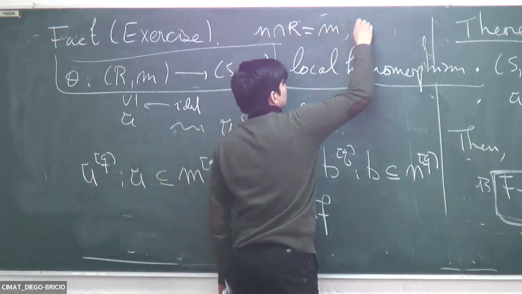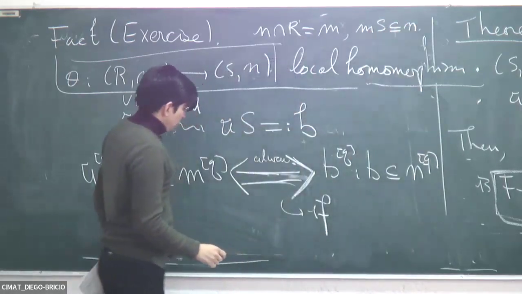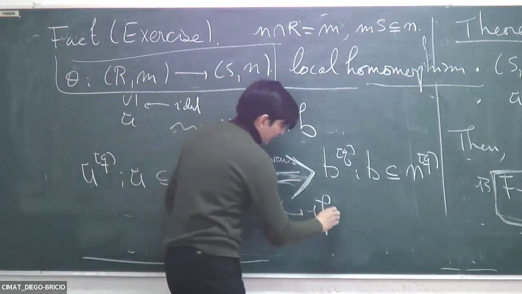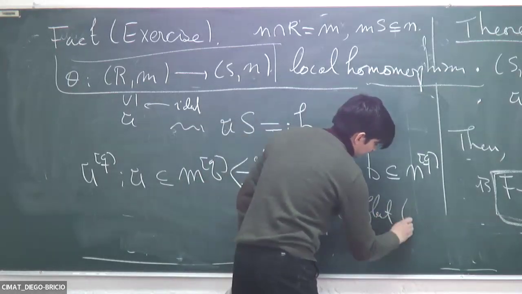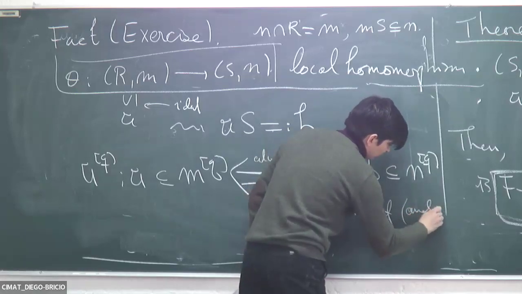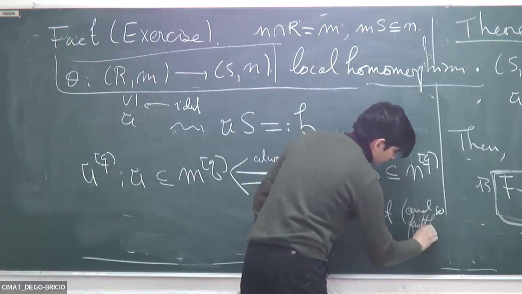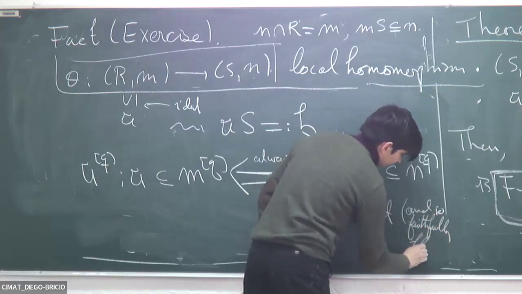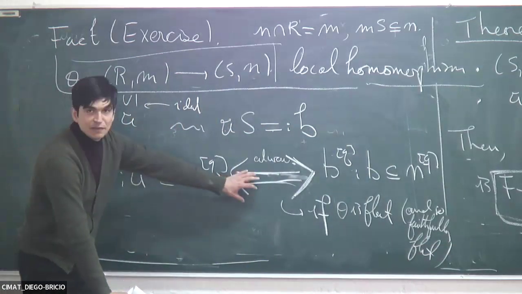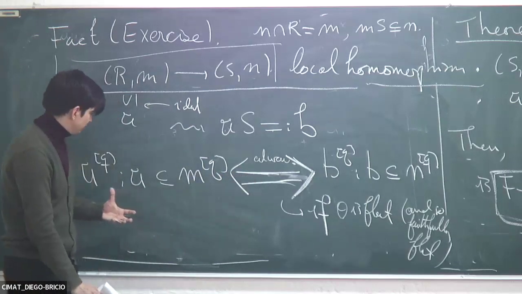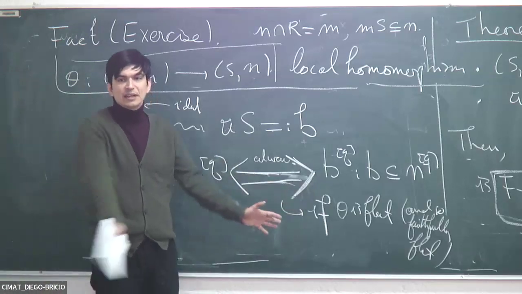Or equivalently, that when you take M and you extend it, it lives inside N. So if the local homomorphism is flat, and so faithfully flat, because a local homomorphism, when it is flat, is automatically faithfully flat. So let's recap. If we have a faithfully flat local homomorphism, this condition here is equivalent to the same condition when you extend everything.